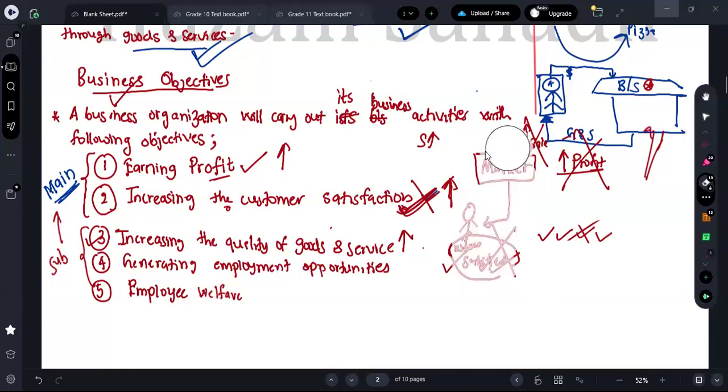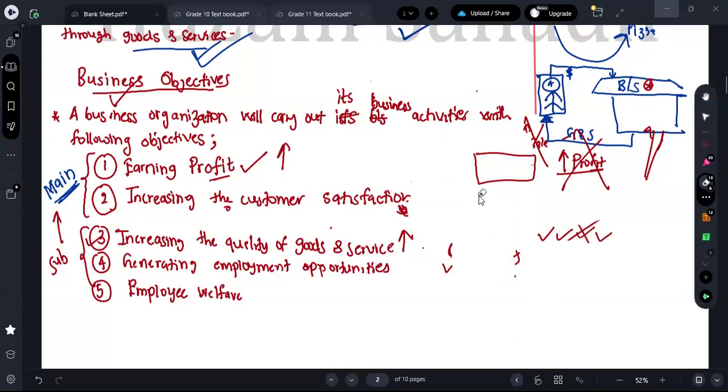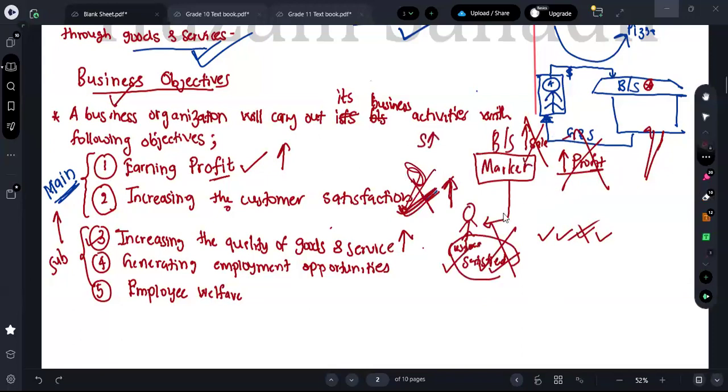Guys, can you all quickly write this? Put the heading business objectives and write what I have written here. A business organization will carry out its business activities with the following objectives. First, earning profit. Second, increasing customer satisfaction. Third, increasing the quality of goods and services. Fourth, generating employment opportunities. And the final one, employee welfare. Can you all take this down quickly and let me know?